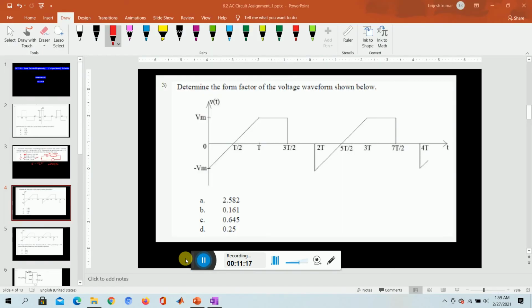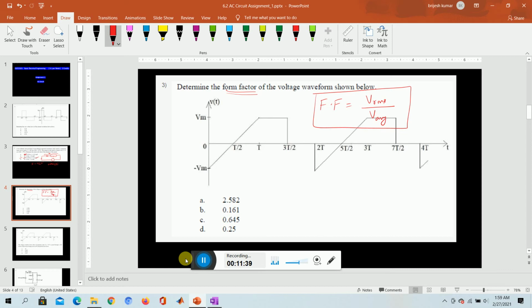So the next question is this waveform that you can see here. In this waveform the form factor is asked. So we know that the form factor, usually FF in short form, is Vrms by V average. This is the formula.